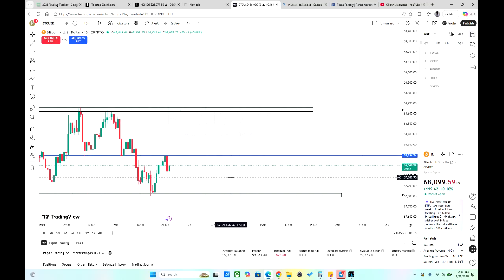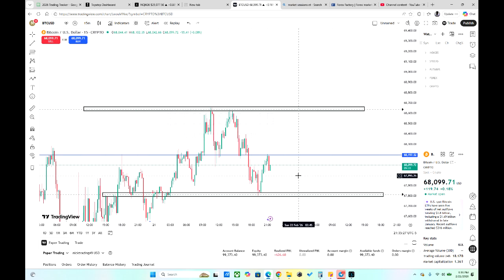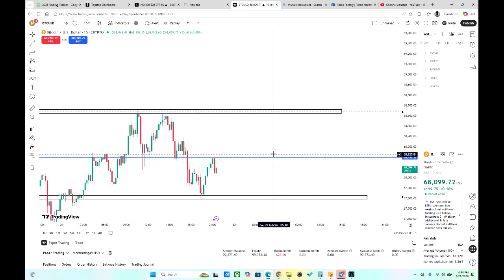Then you take either a continuation, which is if the price is in an uptrend, you take the trade for price to continue moving up, or a reversal, if you think the price has reached a level where it will turn back, you enter as the price turns back. That's a reversal. So that's technical number one.